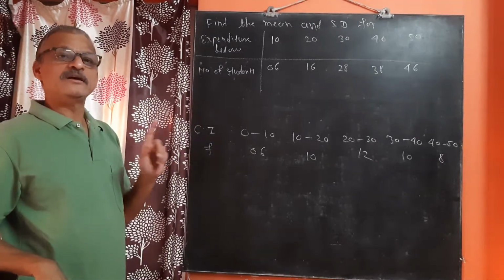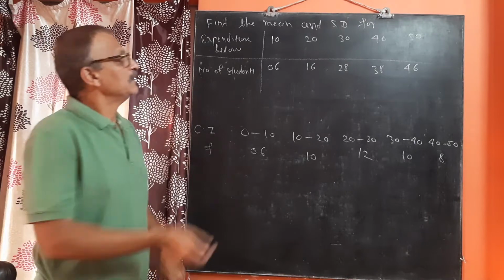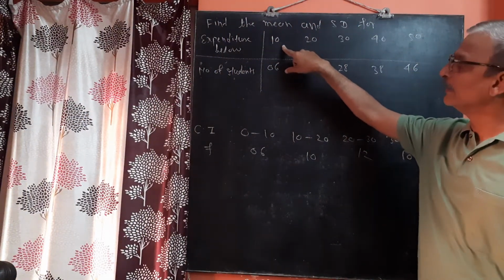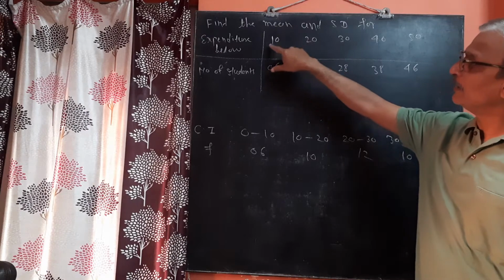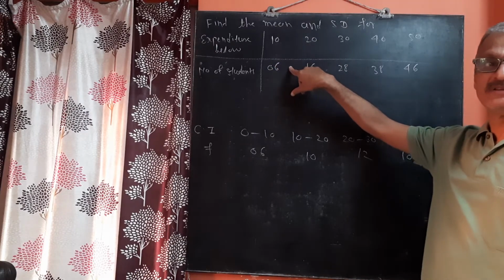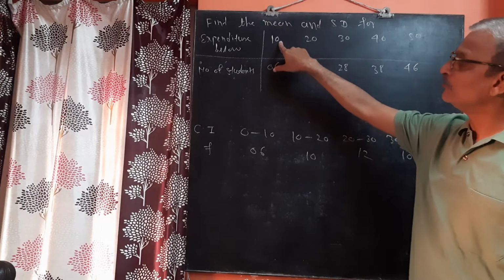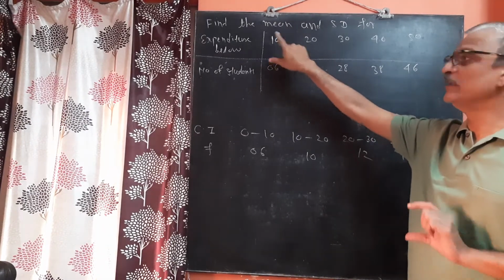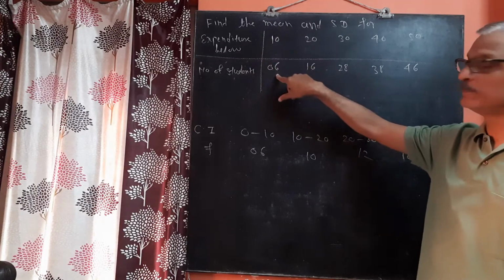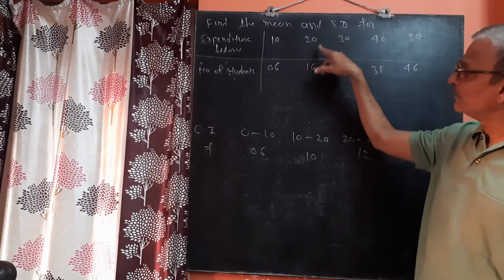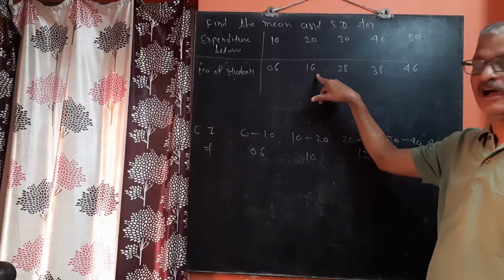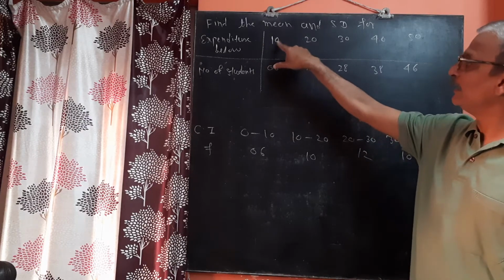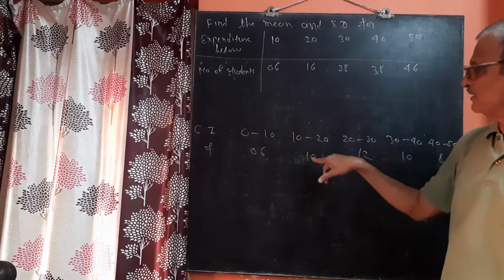I repeat again. Say the expenditure below 10 rupees, there are in all 6 students. Expenditure below 10 means it starts from 0 to 10. So between 0 to 10 there are 6 students. Expenditure below 20, the total number of students is 16. Out of that, 6 go to 0 to 10. So between 10 to 20, 16 minus 6 is 10.